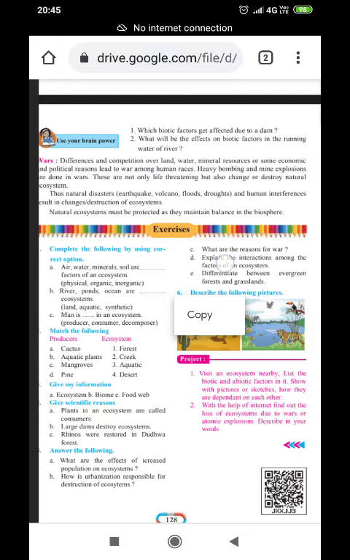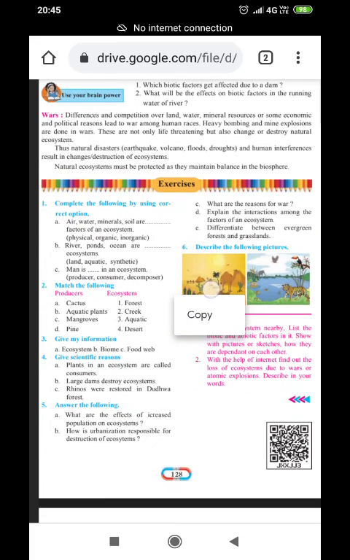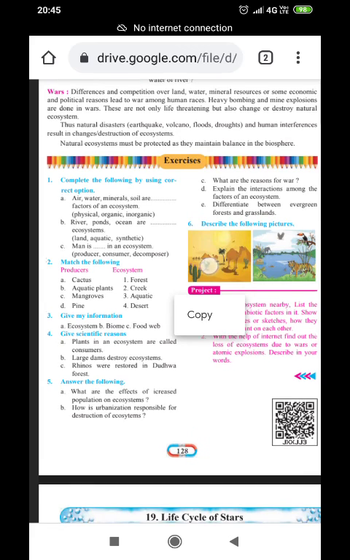Thus, natural disasters like earthquakes, volcanoes, floods, droughts, and human interference result in the destruction of ecosystems. Natural ecosystems must be protected as they maintain balance in the biosphere. So here we have covered all the subtopics of the lesson. The remaining lessons we'll do in the next video.